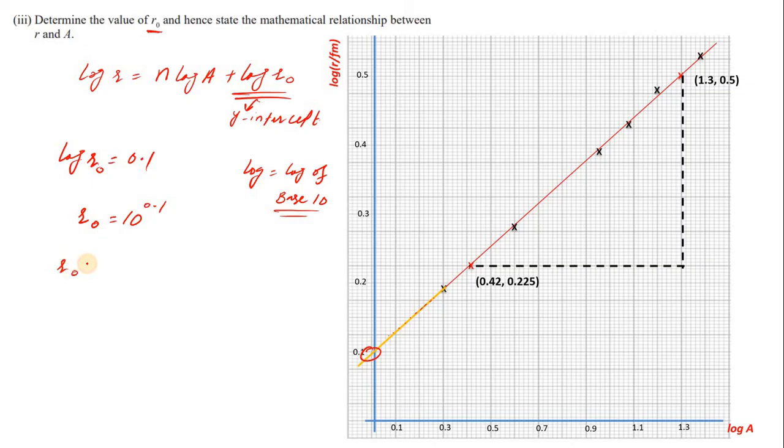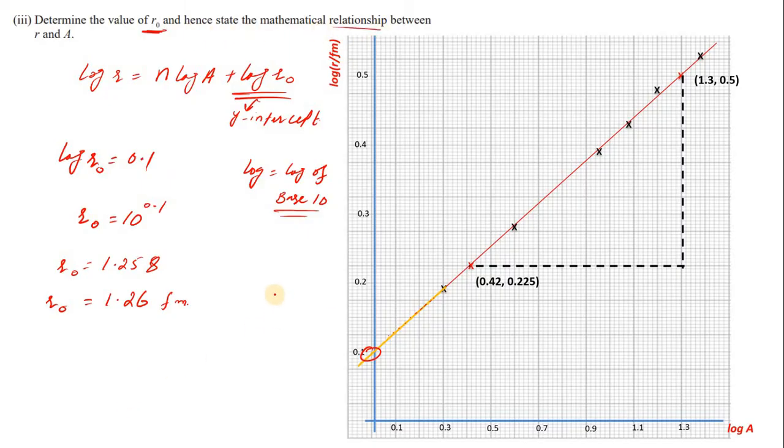So r naught would be equal to 1.258, and you can make it 1.26. This is r naught. Of course the unit will be Fermi meter or femtometer. This is r naught. Find the value of r naught. Hence, state the mathematical relationship.